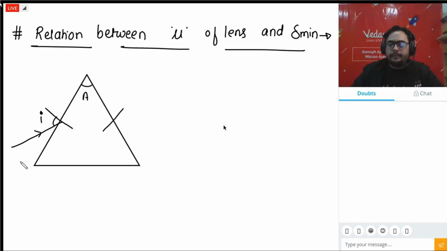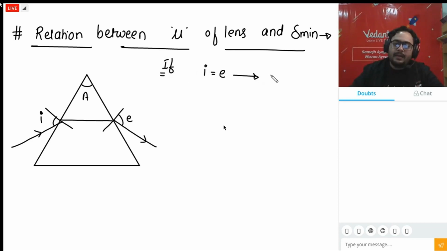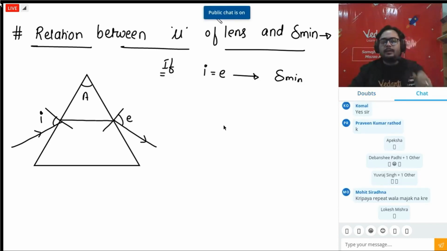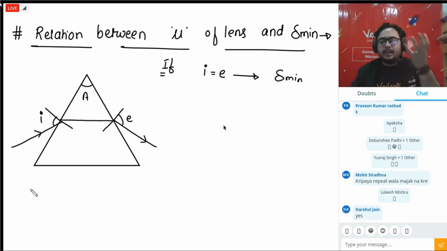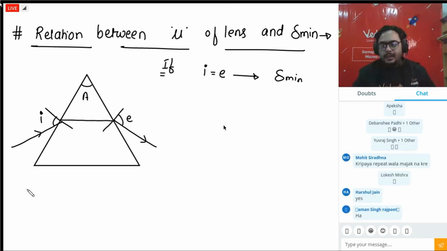So this is your prism, this is A, and this is I. If minimum deviation is going on, if I say that I is equal to E, can I say that delta will be minimum? Yes, why not?